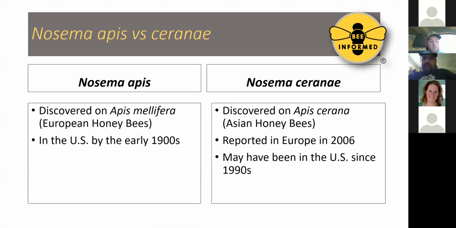The first report was in Europe in 2006, but it was believed to have been in the U.S. since the 1990s. It was first discovered on the Asian honeybee, but now it affects other Apis species and also non-Apis species.